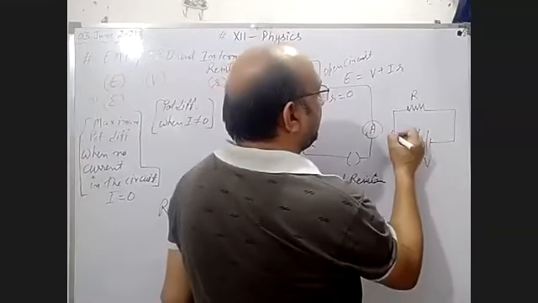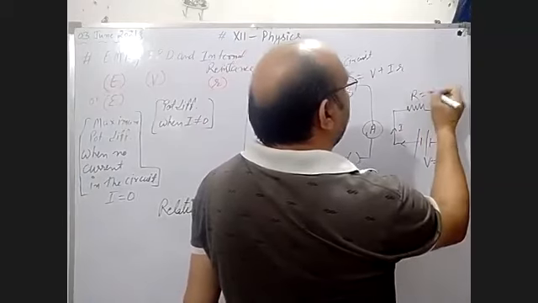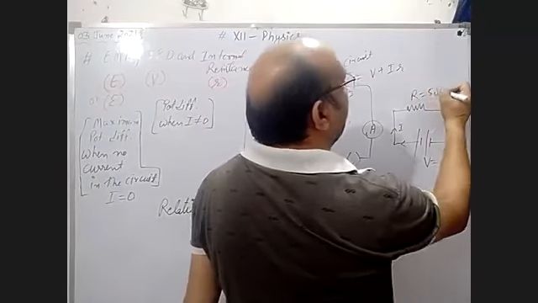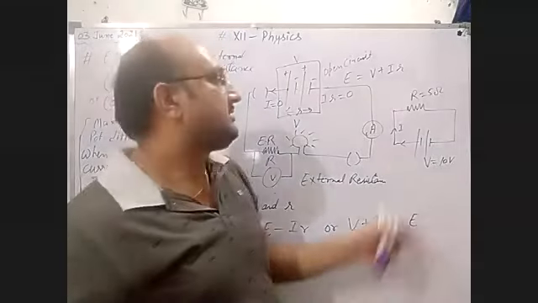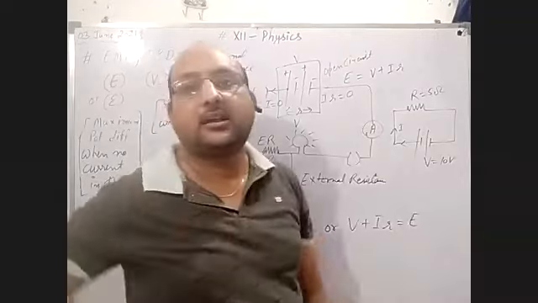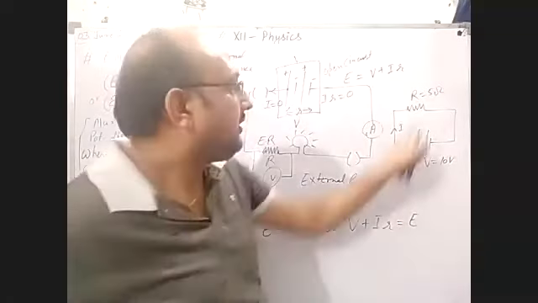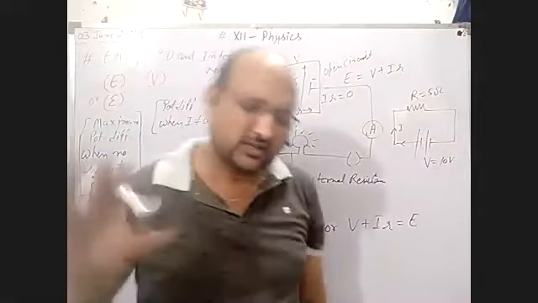This is I. Suppose the battery is 10 volt and R is 5 ohm. As studied in class 10, V is 10 volt, the external resistance is 5 ohm, and there is no internal resistance. Now ignore it.